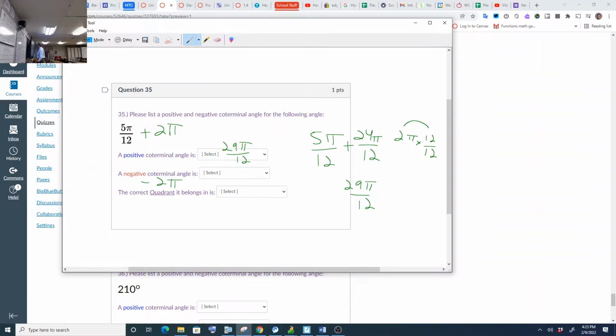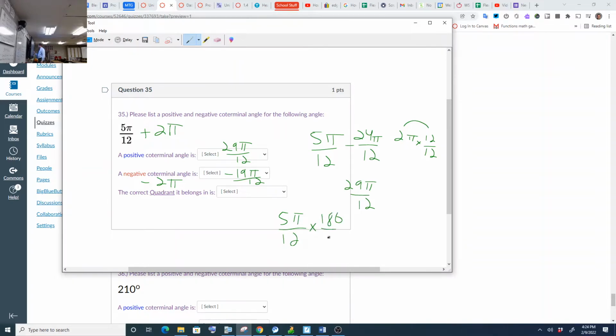And then if you take that same thing, but subtract, then 5 minus 24 is negative 19. Negative 19 pi over 12. Now, they want you to put that in the right quadrant. I'm not sure about 5 pi over 12, so we might have to turn that into degrees, because I'm pretty good at degrees. Are you good at degrees?